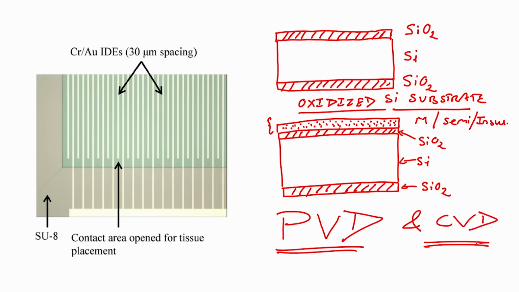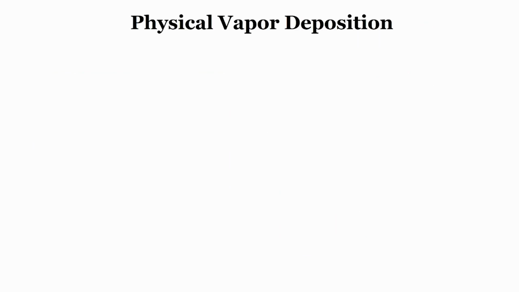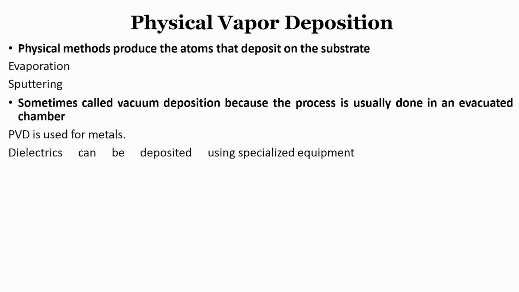So, let us see what physical vapor deposition is. Physical vapor deposition is a technique in which physical methods produce the atoms that deposit on the substrate.